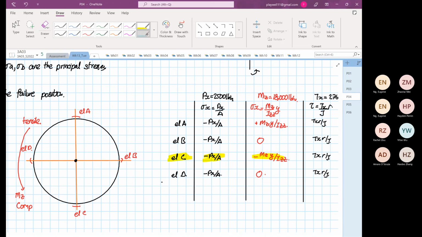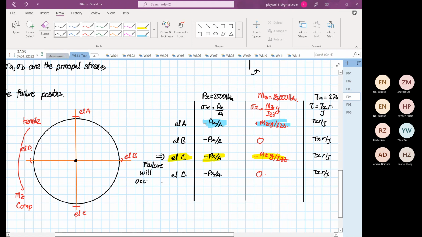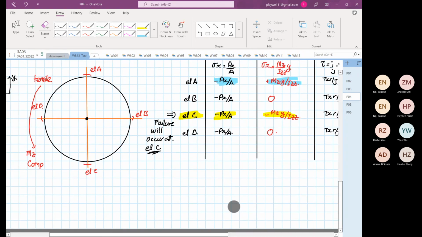It's not element A because the axial loading is compression, but the bending moment is inducing tensile stress. Okay, so with this, we know that failure will occur at element C, right?